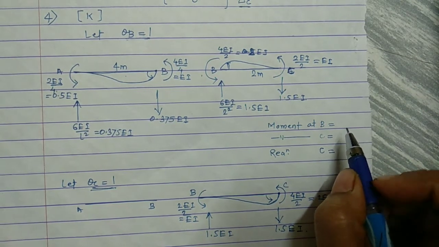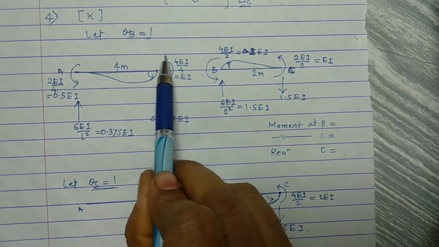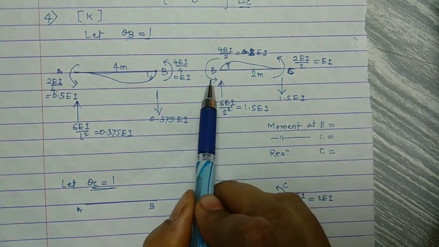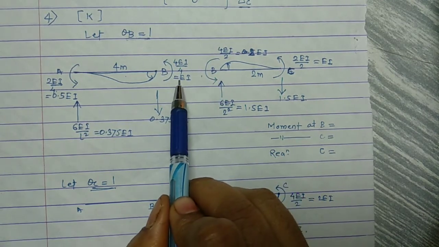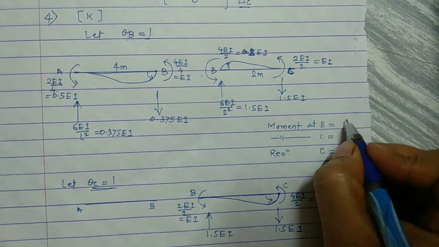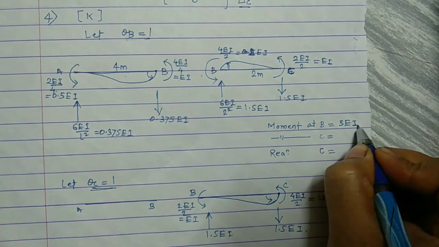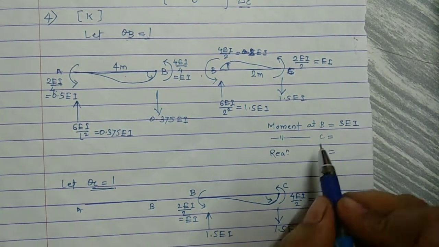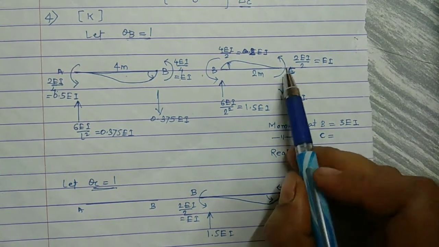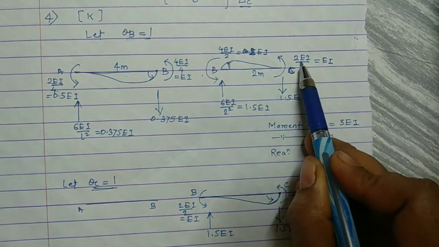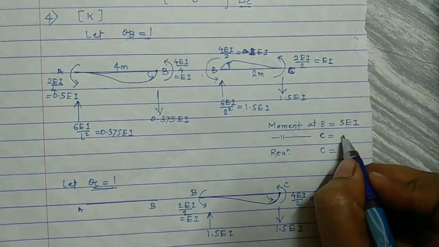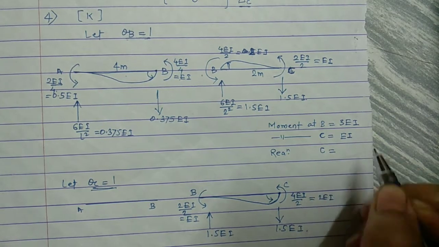See here, moment at B: clockwise EI, clockwise 2 EI. So 1 EI plus 2 EI, total is 3 EI. Second, moment at C: 2 EI upon 2, so it is simply EI.